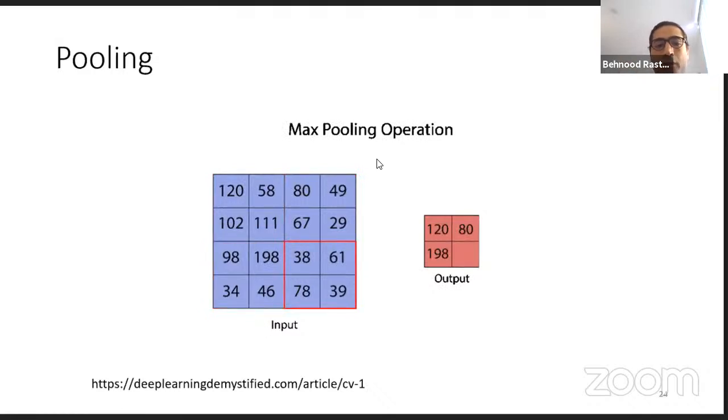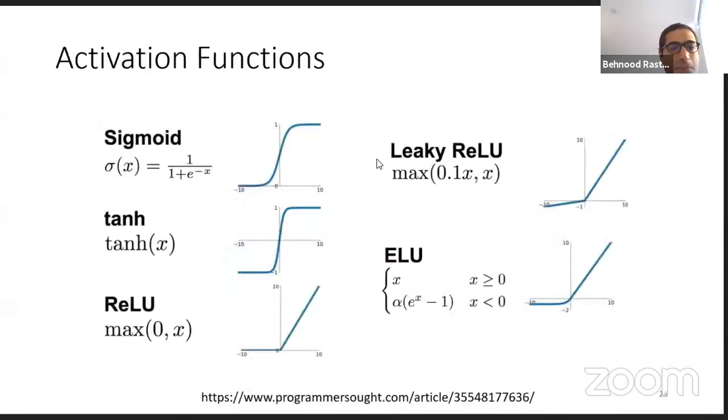In the case of average pooling, you take the average value. In some cases you can extract better features using pooling, and it also decreases the parameters of your network. You're downsampling the spatial size.